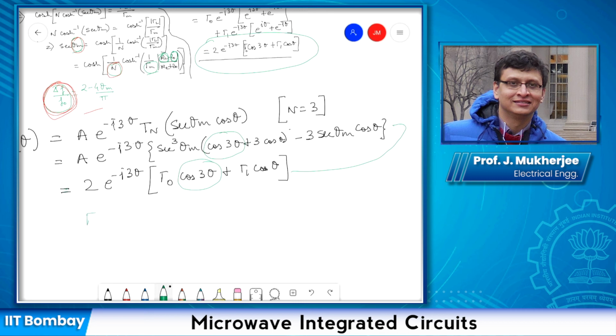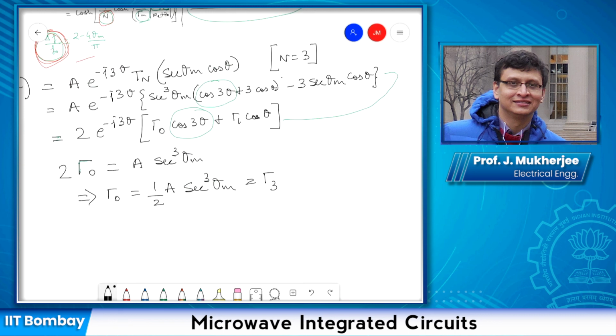Then we can write that 2 gamma 0 is equal to a sec cube theta m. So from here this implies gamma 0 is equal to half a sec cube theta m, and this must be equal to gamma 3.